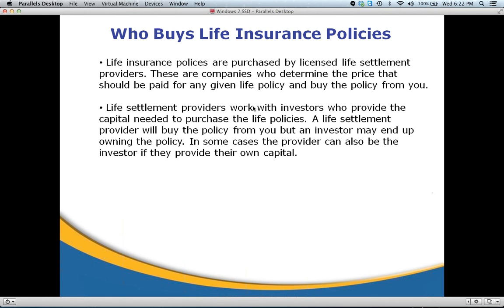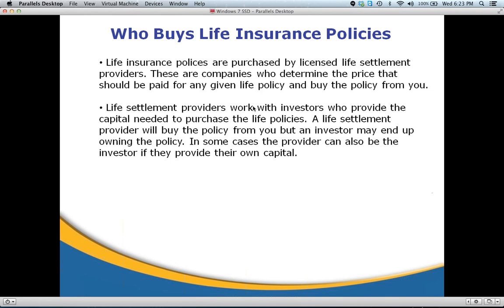Life settlement providers work with investors who provide the capital needed to purchase the life policies. A life settlement provider will buy the policy from you, but an investor may end up owning the policy. In some cases, the provider can also be the investor if they provide their own capital.